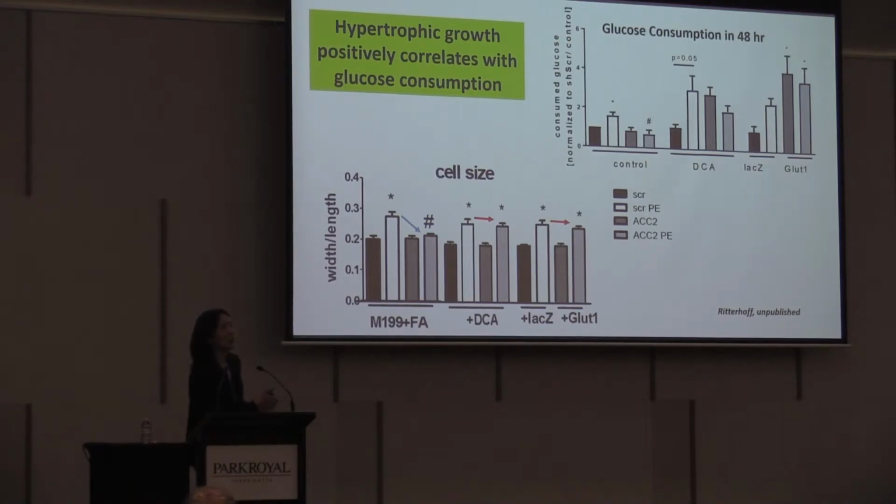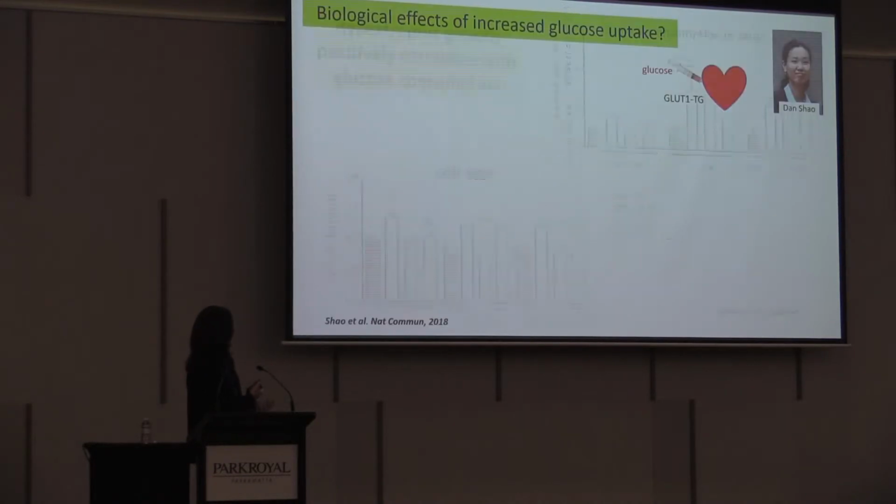So we started to ask, what's the magic of glucose for cell growth? Dan Shaw in the lab decided to ask this question using a mouse model in which we overexpressed the insulin-independent glucose transporter 1, so that we basically dumped a lot of glucose into an adult heart. This doesn't really happen in a normal adult heart.